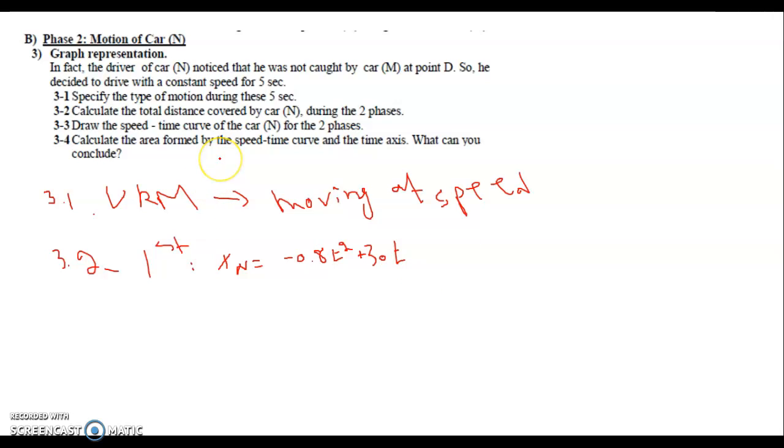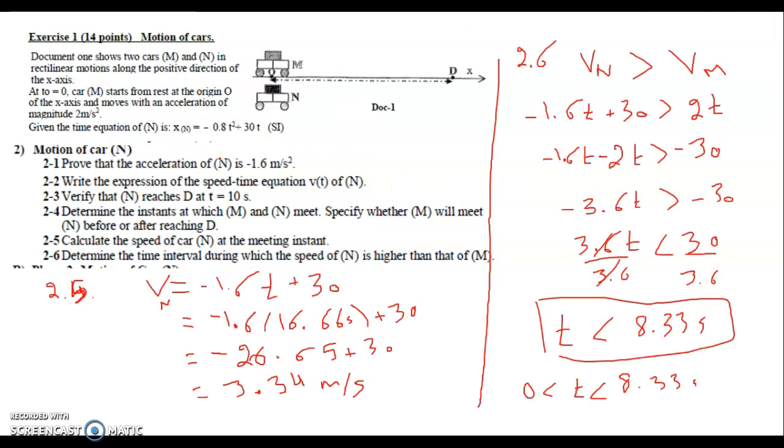Anyway, calculate the total distance during the first phase. What was the duration of the first phase? The duration of the first phase was just before N passed D. So we have to find at what time N reached D. N reached D at t equals 10 seconds.